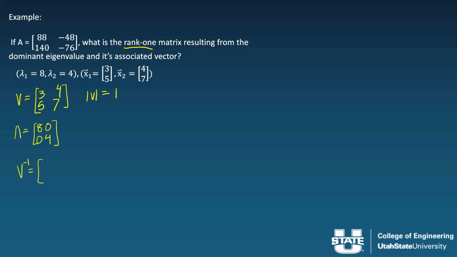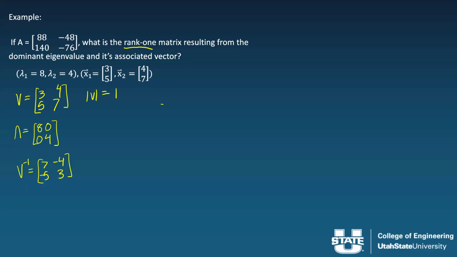We have 21 minus 20, so we don't have to work with fractions. We apply our position swaps and make these negative.